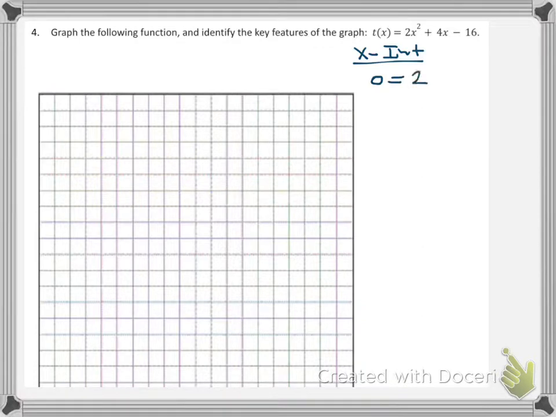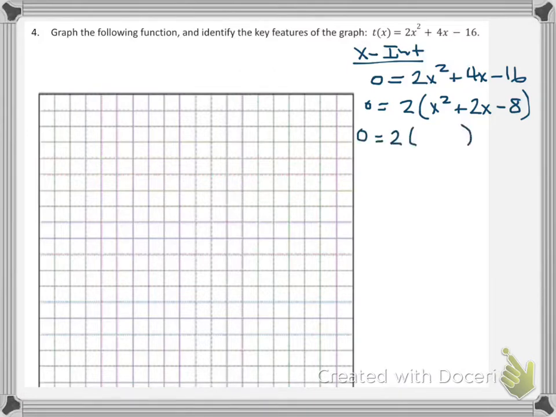So that's 2x squared plus 4x minus 16. And I'm going to factor out a 2. So I see 0 is equal to 2 times x squared plus 4x divided by 2 is 2x. And then negative 16 divided by 2 is a negative 8. Okay, and then I can factor.